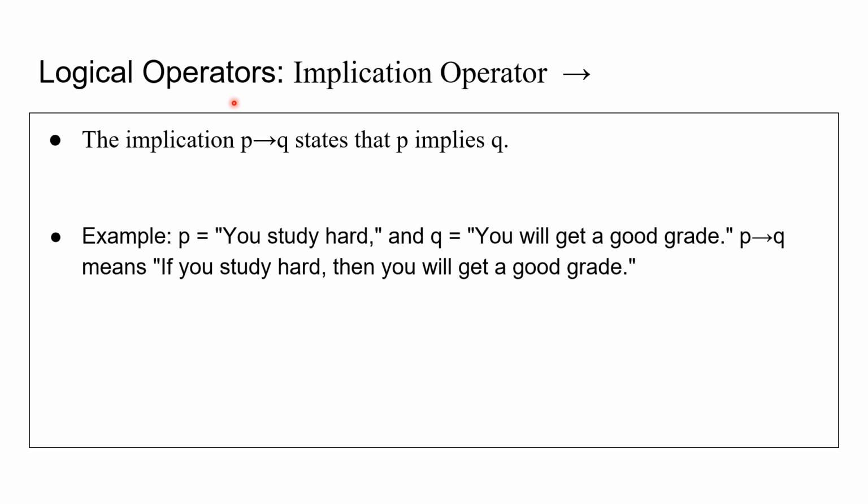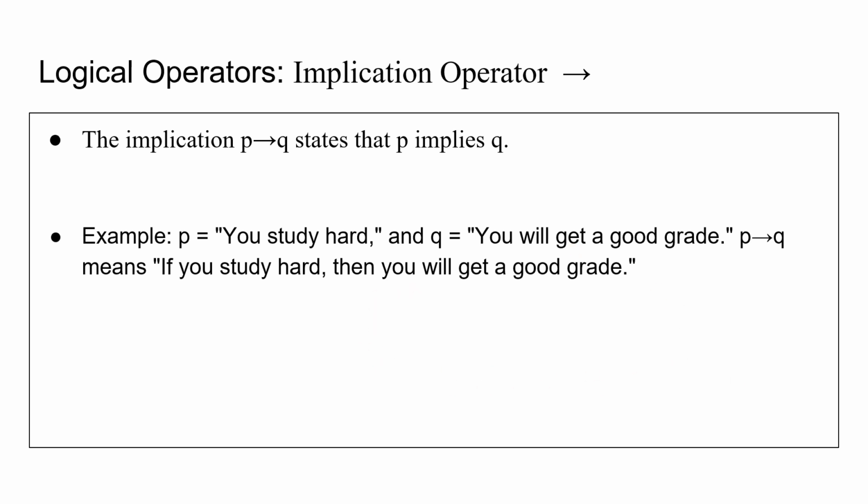P equals you study hard, and Q equals you will get a good grade. P implies Q means if you study hard, then you will get a good grade. But if you don't study hard, what's the result of Q?